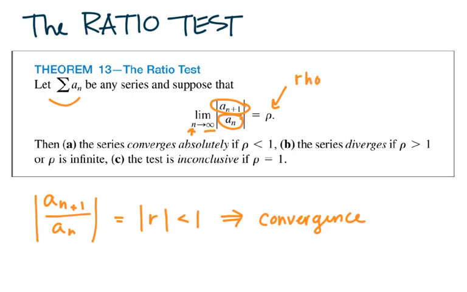And if the absolute value of rho is less than 1, we can say that it converges absolutely. If rho is greater than 1, we know it would be divergent. And if rho is equal to 1, we cannot draw any conclusions.